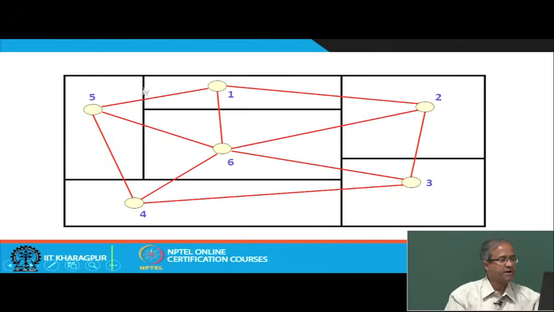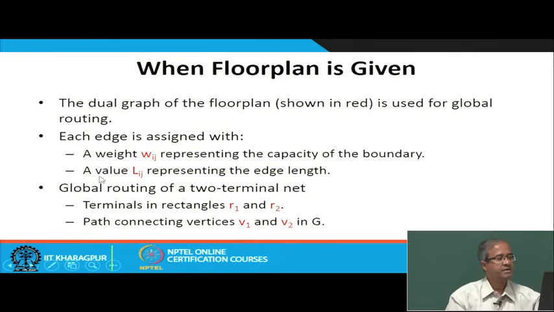Similarly, between 1 and 5, the width of this boundary is quite narrow, so I will have a smaller weight for this boundary. So, the weight of this graph will give you the capacity of the corresponding channel or the boundary, and of course, the edge length will be represented by this Lij. So, both of these are important.